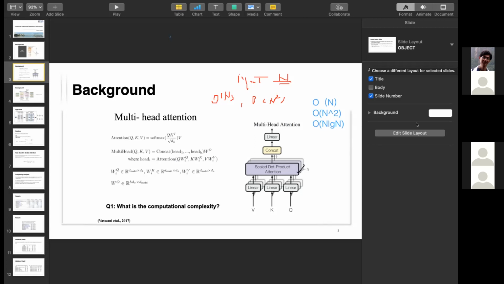So the input length is n, and when we do this self-attention mechanism, what is the complexity? Actually, what is the complexity of this formula? The first one, or the first and second one.